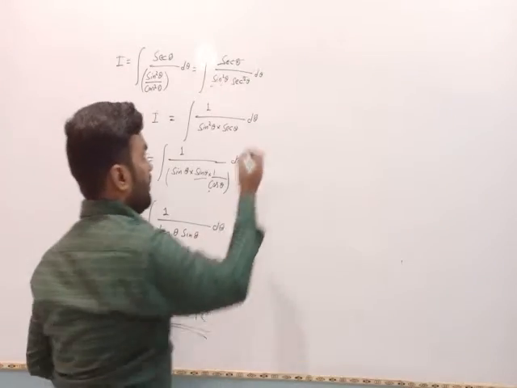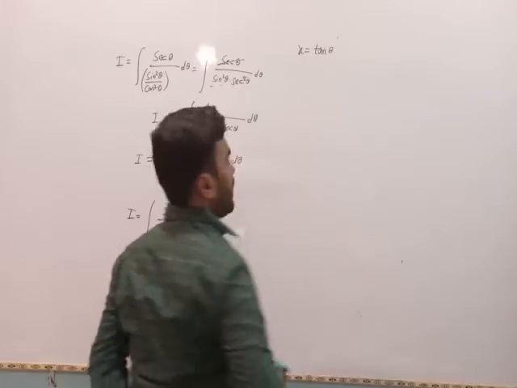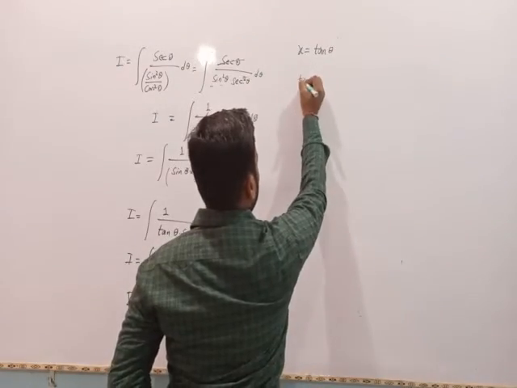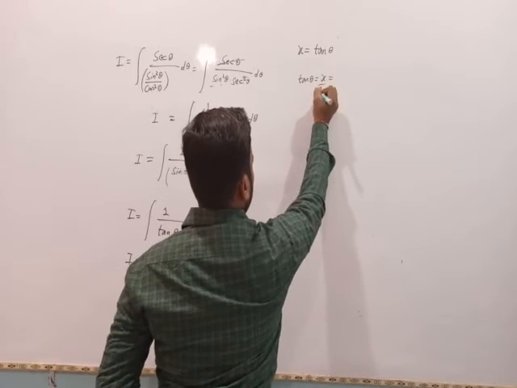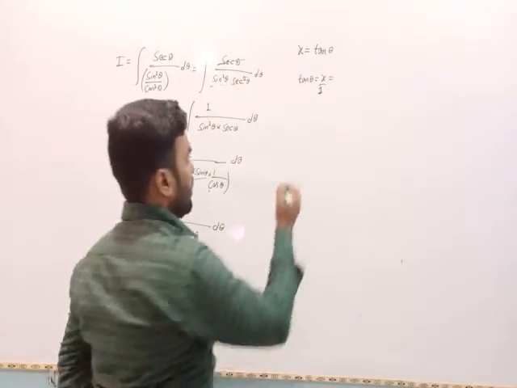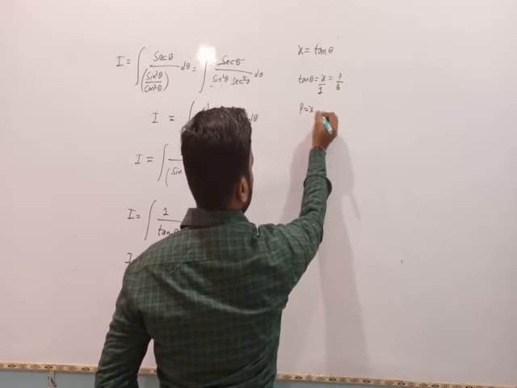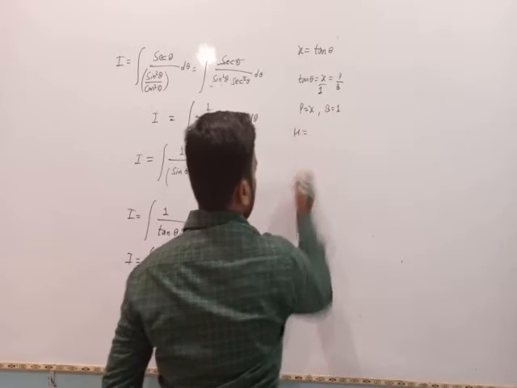So we have x is equal to tan theta. Now remember the basics of trigonometry. Tan theta is equal to perpendicular upon base. If we take that perpendicular is x and base is 1, then what will be the hypotenuse?